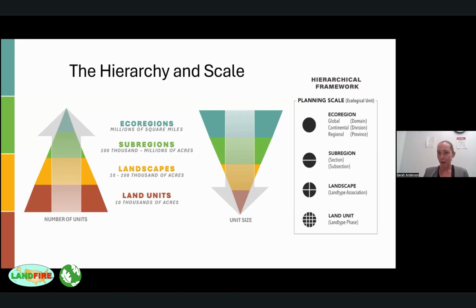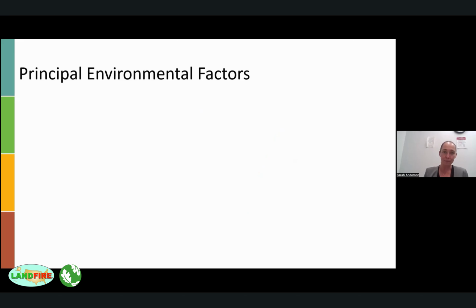Then moving down, provinces, we get into the subregional scales. We have sections and subsections. And then the landscape scale is occupied by land type associations, with land types and land type phases making up the finest scales at that land unit or more local scale.